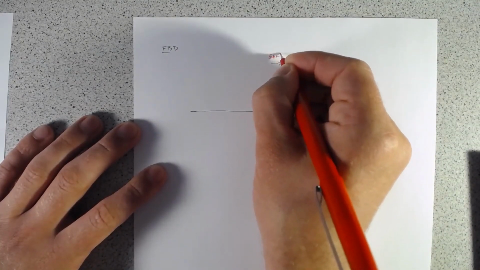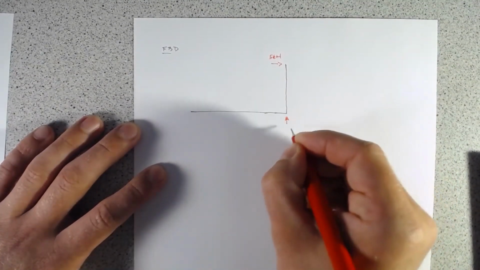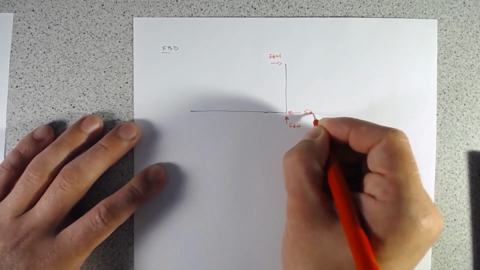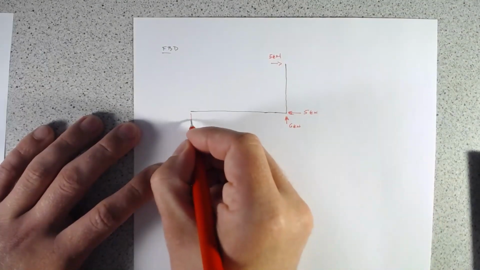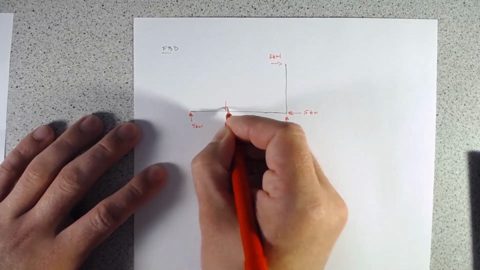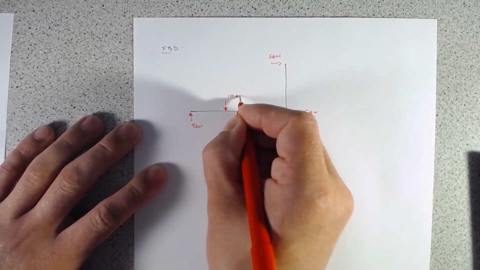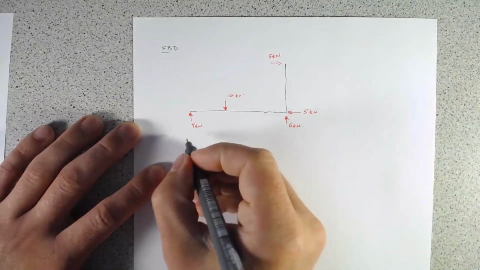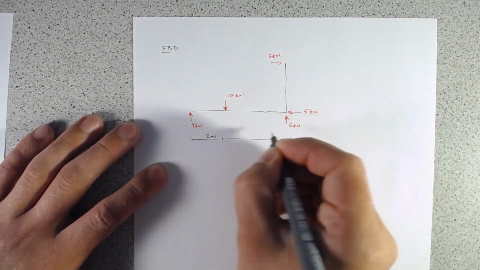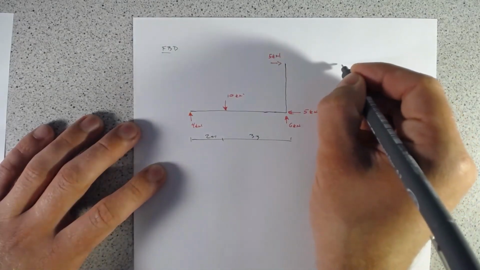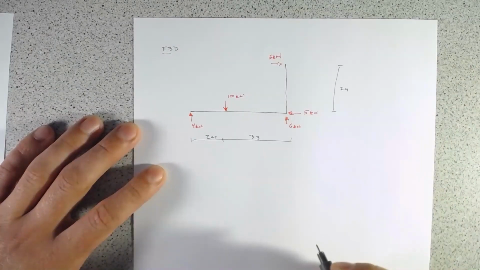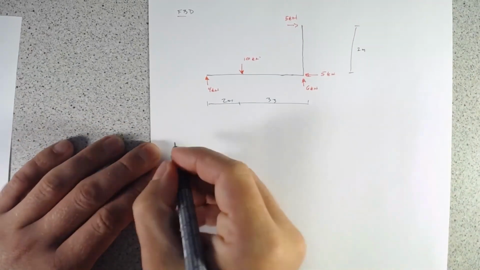So we have 5 kilonewtons here, 6 kilonewtons, 5 kilonewtons, 4 kilonewtons, and 10 kilonewtons, 2 meters, 3 meters, and that's 2 meters.